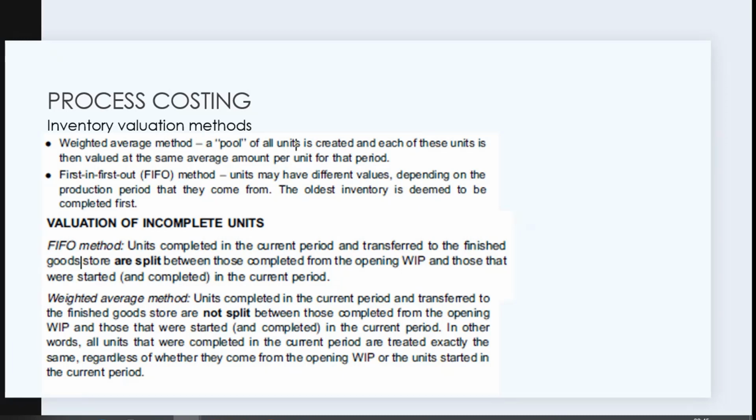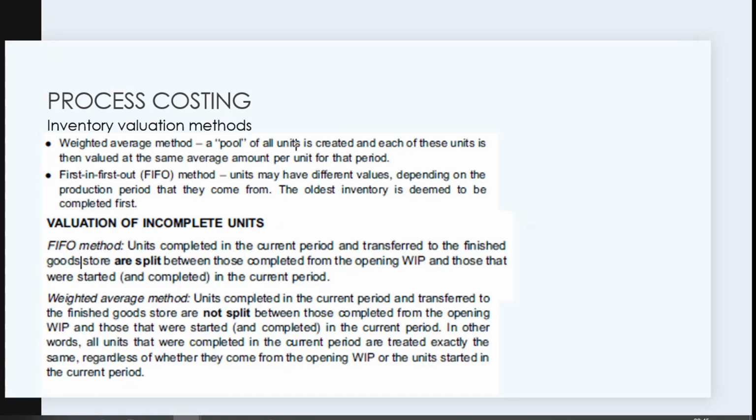Unlike the weighted average, where you're using an average, with first in, first out you've got different values related to your units, because they all depend on the period that they come from. So it's just a nice reminder.